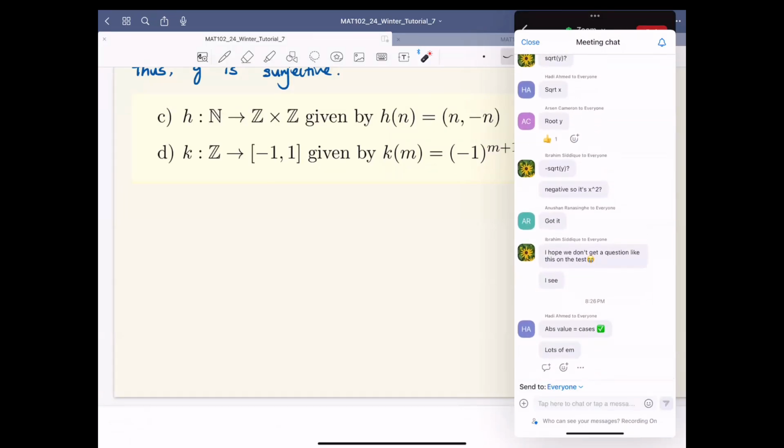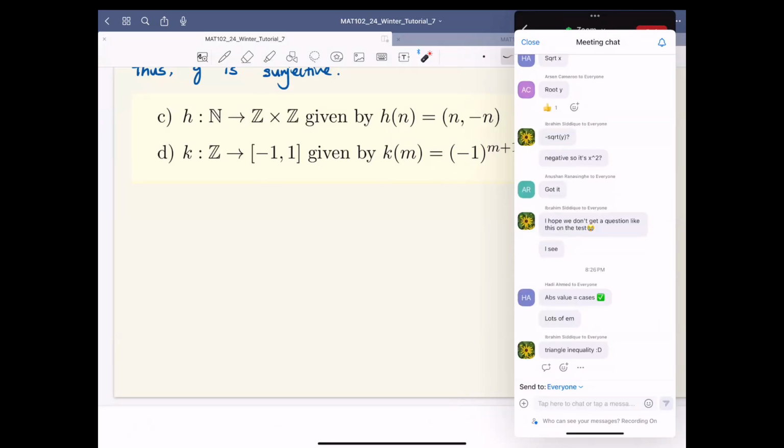Okay, let's see. Absolute value equals cases, allowed to. Not always. There are a lot of them. You don't need to discuss cases. Triangle inequality barely shows up anymore. Triangle inequality mostly shows up in image questions, not surjectivity. Why? I can tell you why. Because it's really helpful to figure out what the image is, instead of proving it.